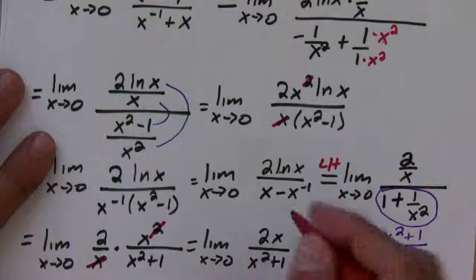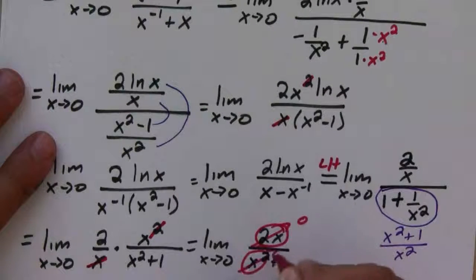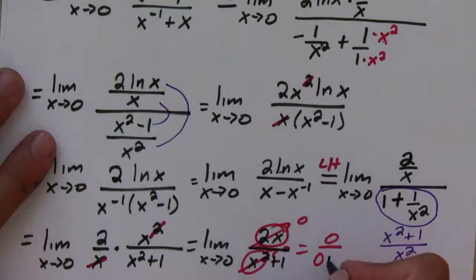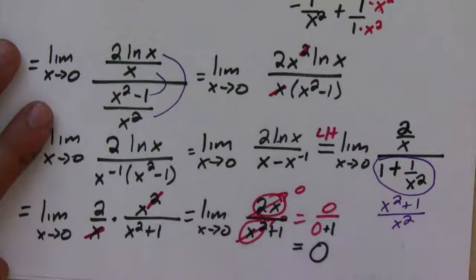And phew, now if I plug in 0, what I end up with is 0 over 0 plus this 1, which is simply equal to 0.